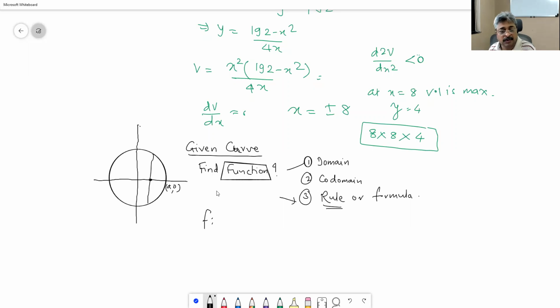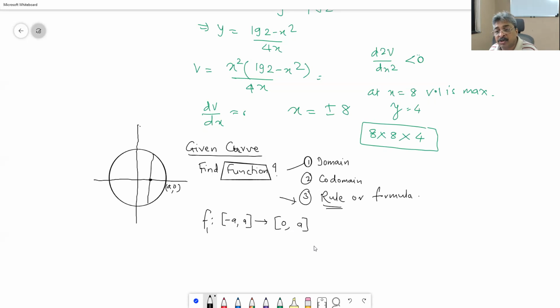So what we can do is define f1 from minus a to a going to R, or you can take it from 0 to a, or you can take R. Codomain, if it is bigger, it doesn't matter, but minimum it has to be there.